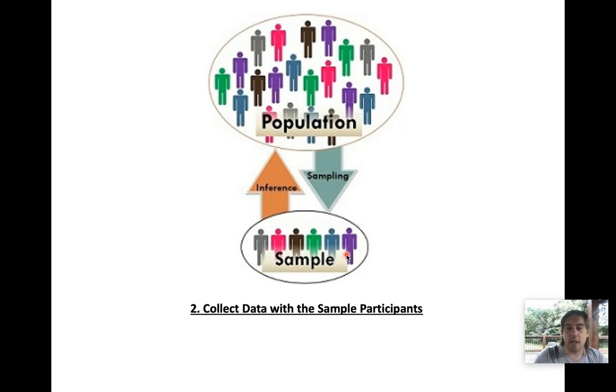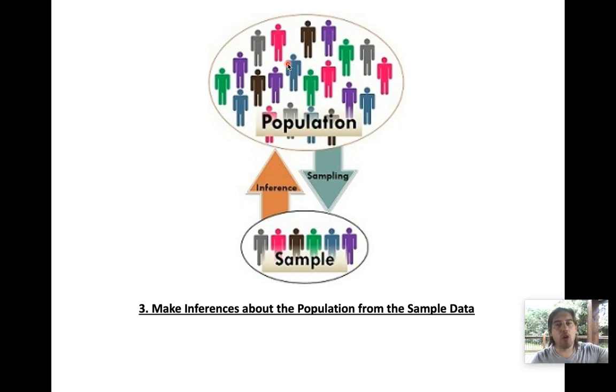Now, because of that, there is a sort of logical or philosophical difficulty, because step 2 is that we collect our data with this small sample of participants, and then we're going to take our findings from this group and we're going to make inferences about the population. We're going to make claims about the population, even though we don't have data on the population.